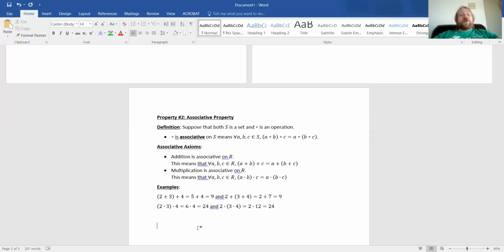For example, to show that addition was associative on the integers, if you gave me integers a, b, and c, because the integers are a subset of the reals, a, b, and c would automatically be real numbers, and thus a plus b in parenthesis plus c would equal a plus the quantity b plus c in parenthesis. So like commutative, associative is a property of an operation. And if an operation is associative on a larger set, it is automatically associative on any subsets of that larger set.